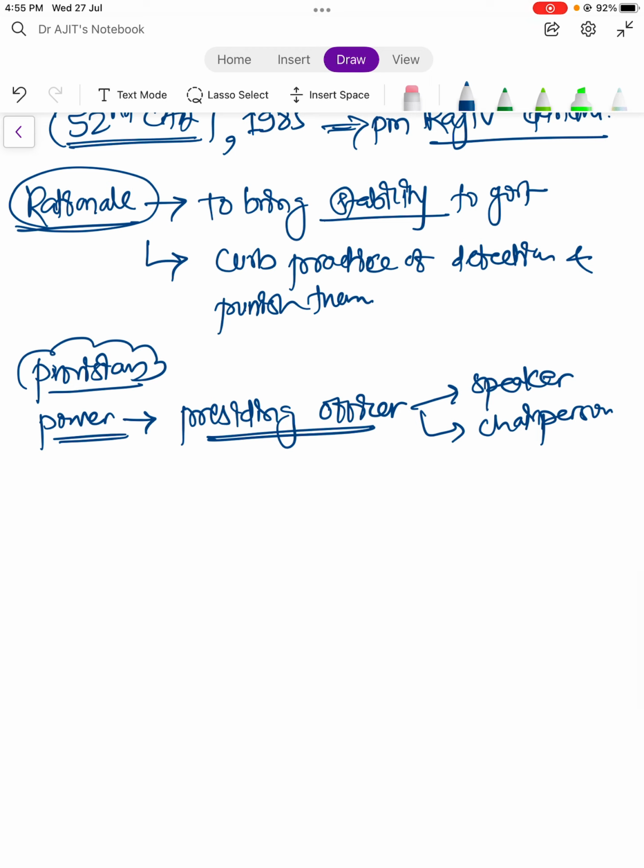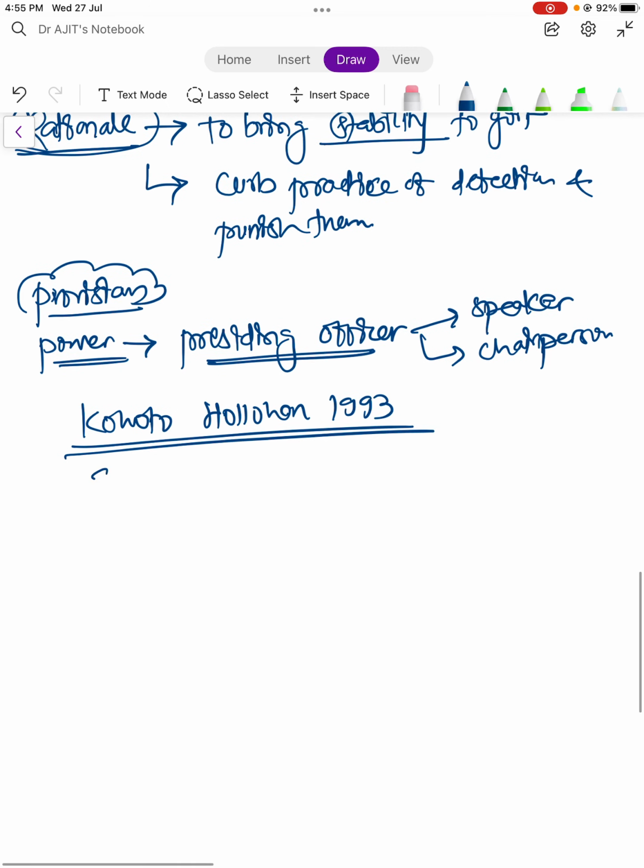There is again a very famous case, Kihoto Hollohon, 1993. In this particular case, the Supreme Court came out with two things.